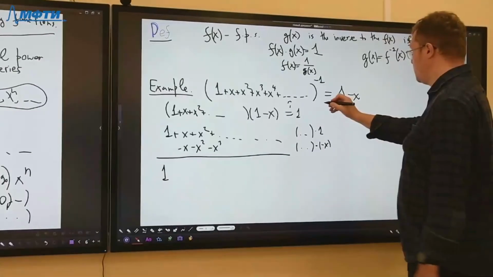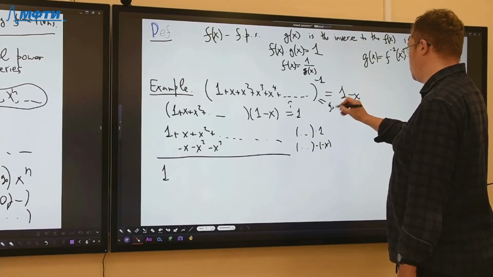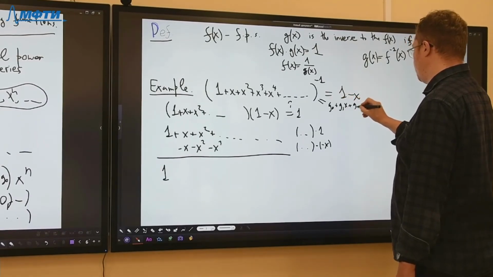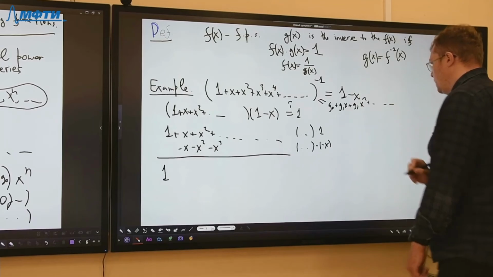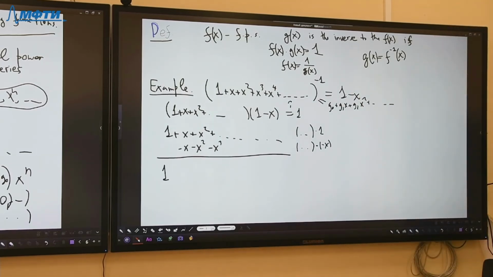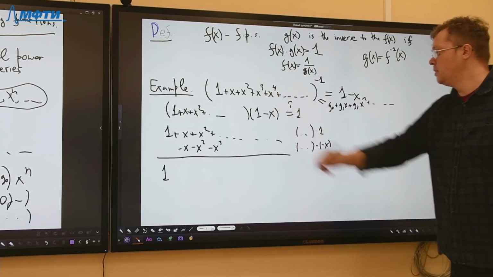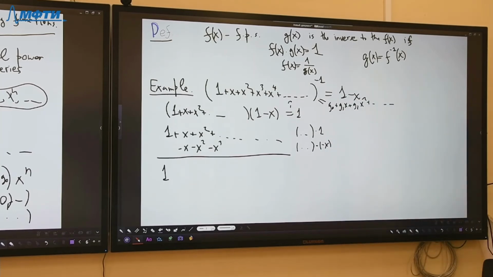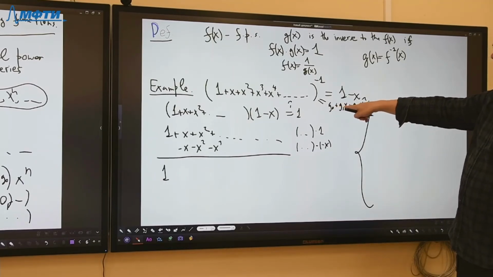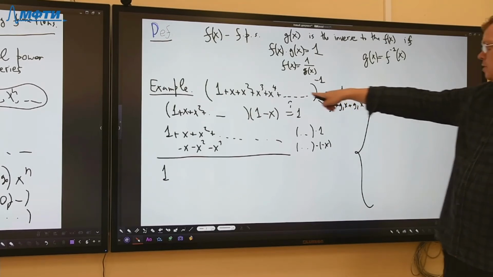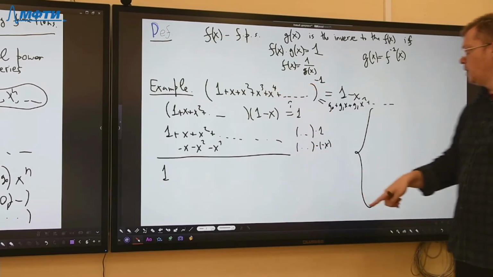If I denote this as g0 plus g1 x plus g2 x squared, and so on, then I can multiply by this formal power series and write the system of linear equations. So I just multiply g0 plus g1 x plus g2 x squared and so on with this formal power series. What should I get?